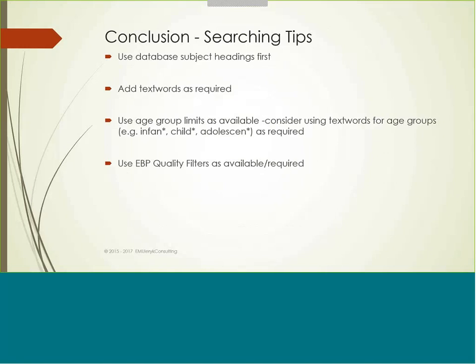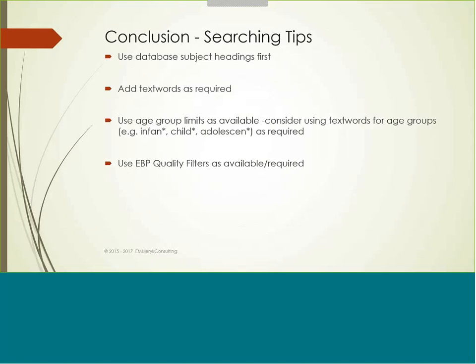So in conclusion, use your database subject headings first. Add text words as required. Consider adding text words for age groups, but usually the age group limits in most databases are sufficient. Consider the quality filters as required. In pediatrics, I always found that limiting to randomized controlled trials didn't always cut it.